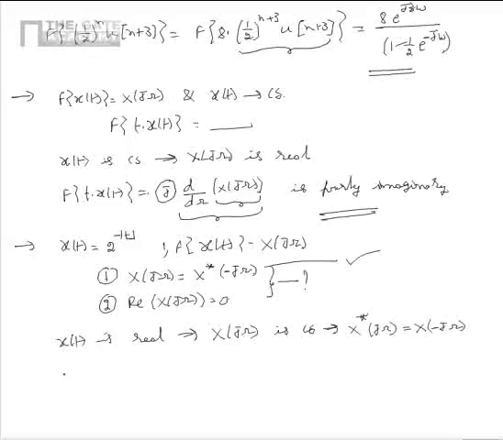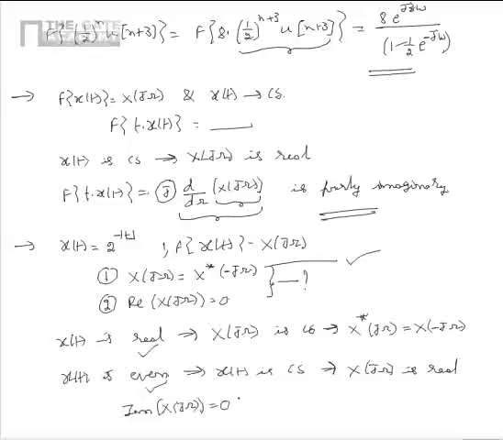Also we see that x(t) is even. As x(t) is real and even, x(t) is conjugate symmetric. From this we can say that the Fourier transform of x(t), that is X(jω), is real. So the imaginary part of X(jω) is 0, but please note that the real part of X(jω) is not equal to 0.